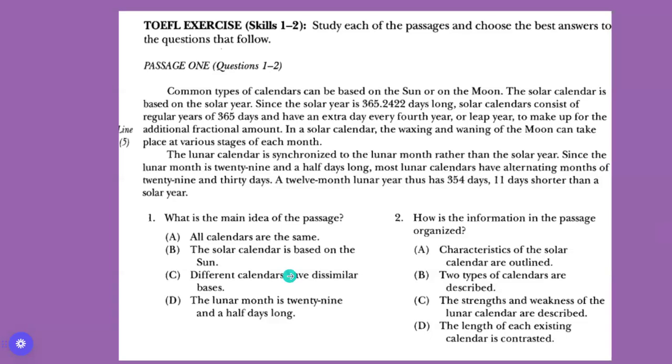Okay, so in this case, the correct answers are C and B.